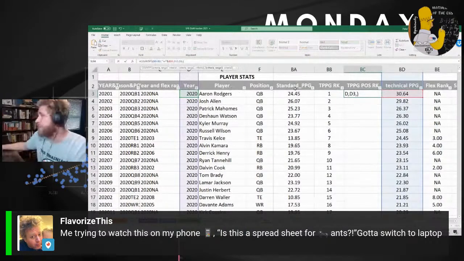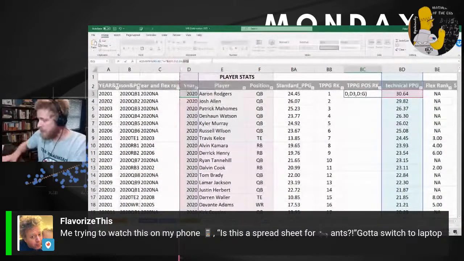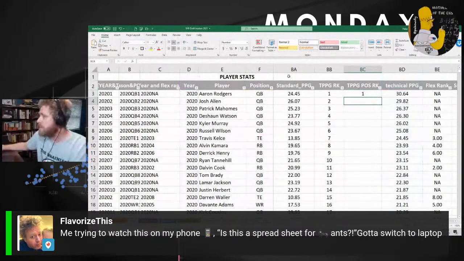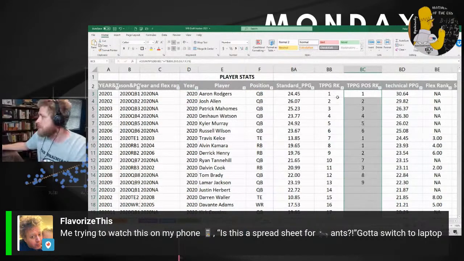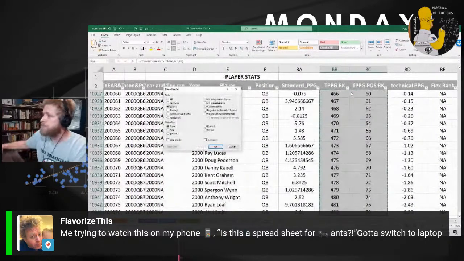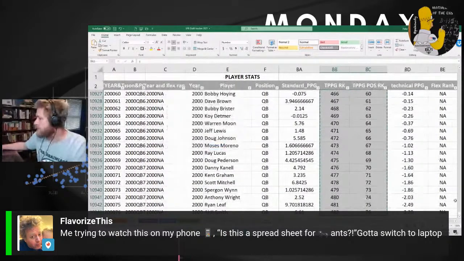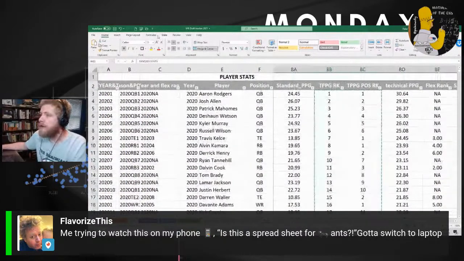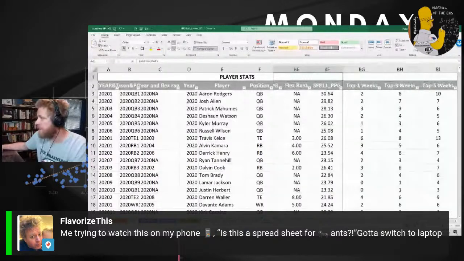And then position rank requires I put in a position formula. So FF, F3. There we go. All right. I like technical points per game, but it confuses everyone, so I look at it by myself alone in my room.